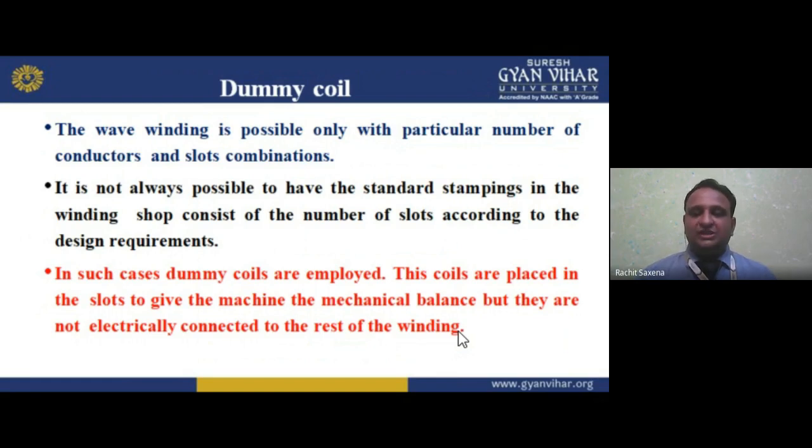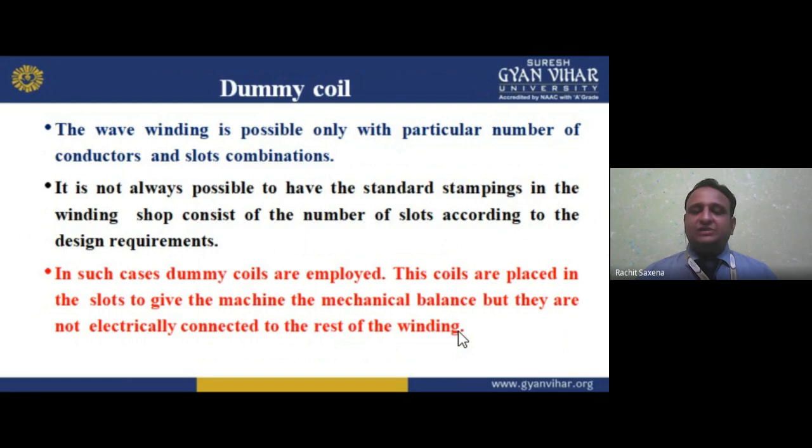So in this DC machine, we have two types of winding. One is placed on the field and the other on the armature. The one placed on the field is known as field winding, and the one placed on the armature is known as armature winding. Both have different roles.